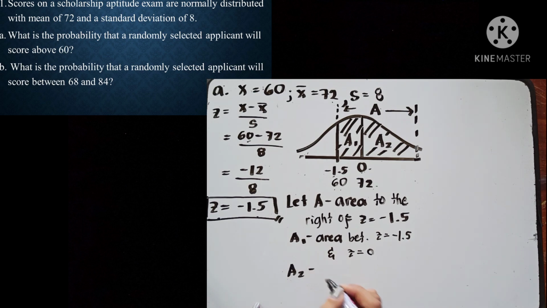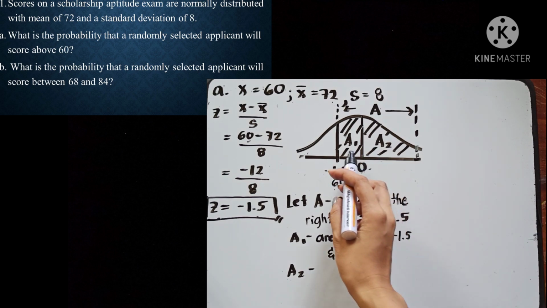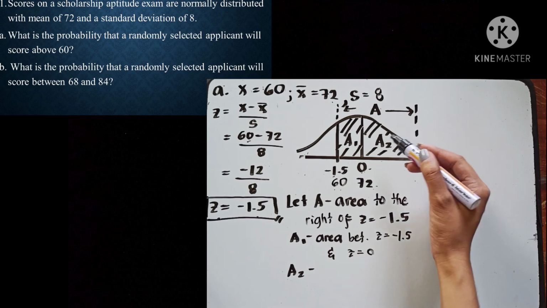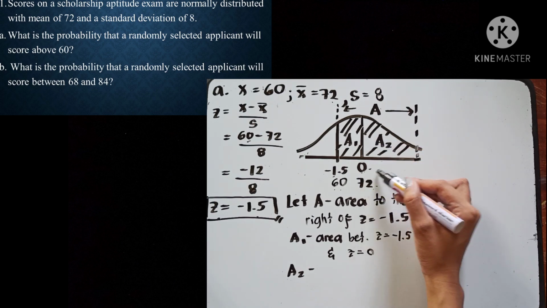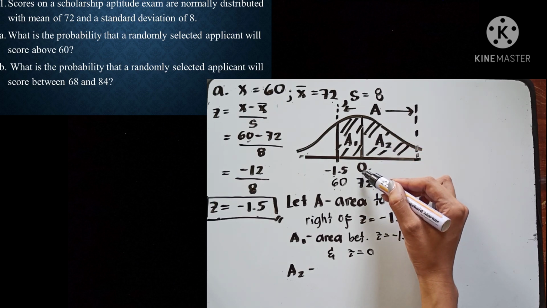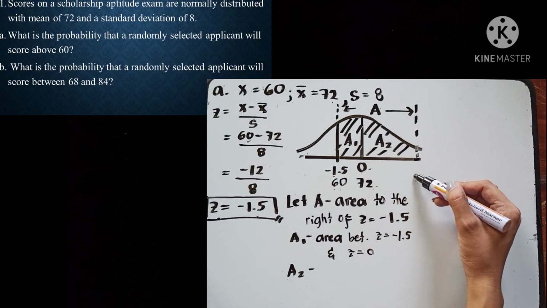Ang A sub 2 naman natin, okay, so guys, balikan natin yung sinabi natin kanina. Sinabi ko kanina na magkakaroon tayo ng half of the curve kapag ang given is to the right or to the left. Okay, so since ang hinahanap natin is area to the right of 1.5, itong A sub 2 na to from 0 papunta sa kanan.